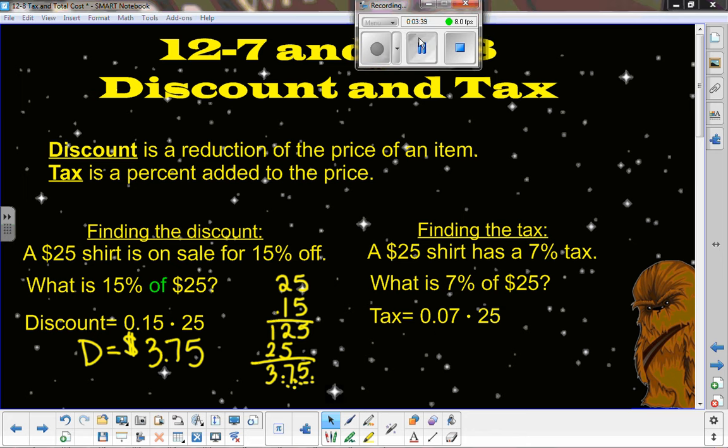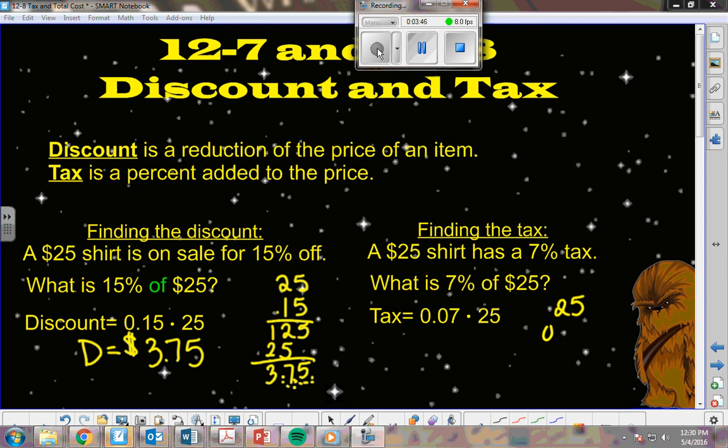So let's try and do the math for that really quick and see what we get. So we can see after we do the multiplication that our tax would be $1.75.